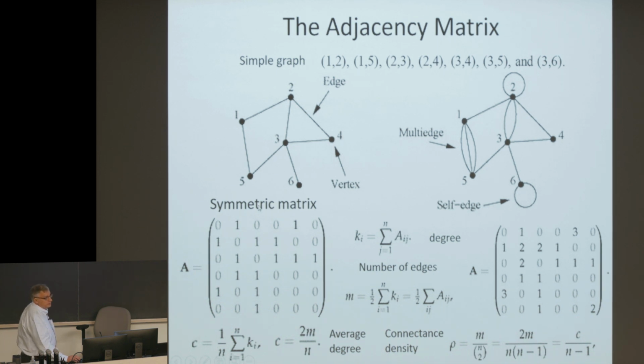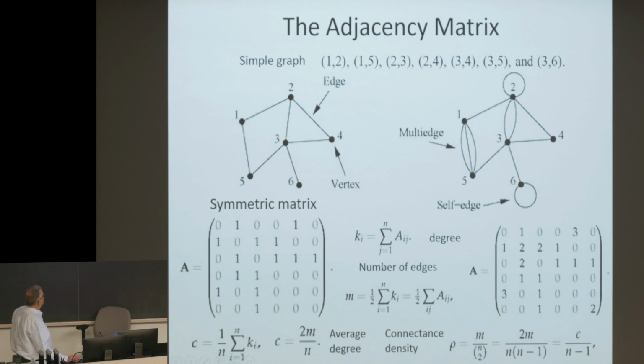And because this is an undirected network, you put symmetrically 2 to 1, because basically node 2 has a link to node 1.